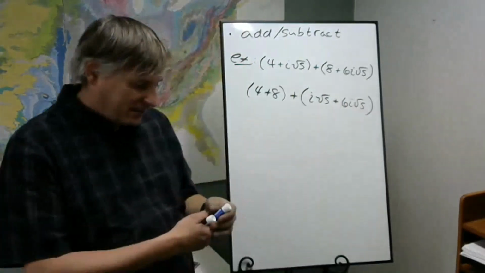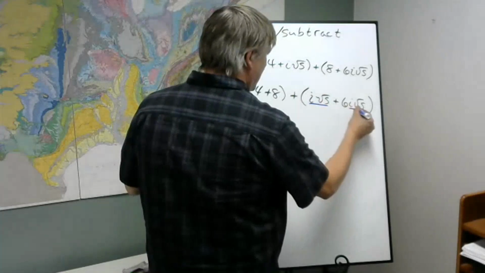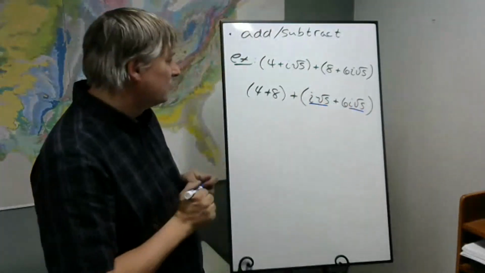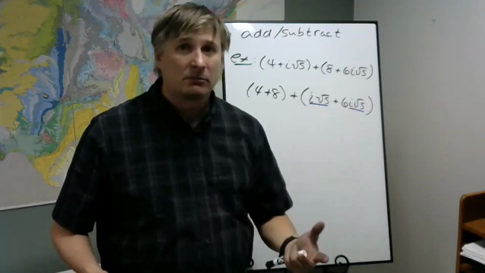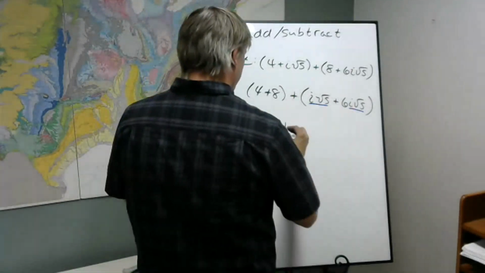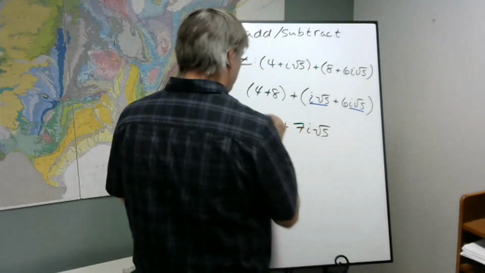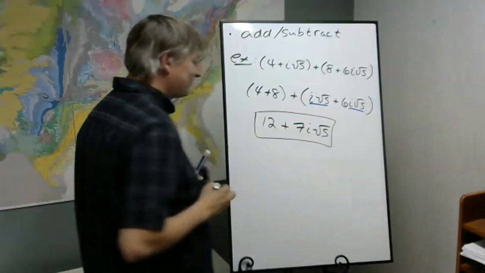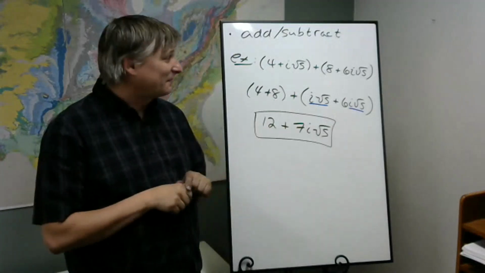So you can think of them like this. This is an i square root 5 term and an i square root 5 term. So we have one of these and 6 of them. Add it together, we get 7. 12 plus 7 i square root 5 terms. And that's going to be our answer.